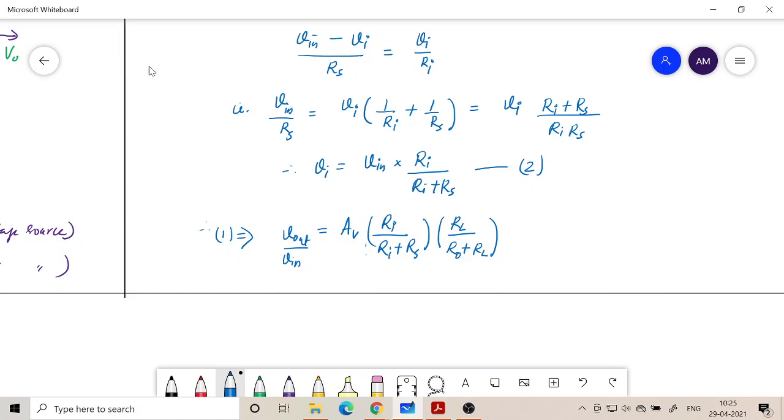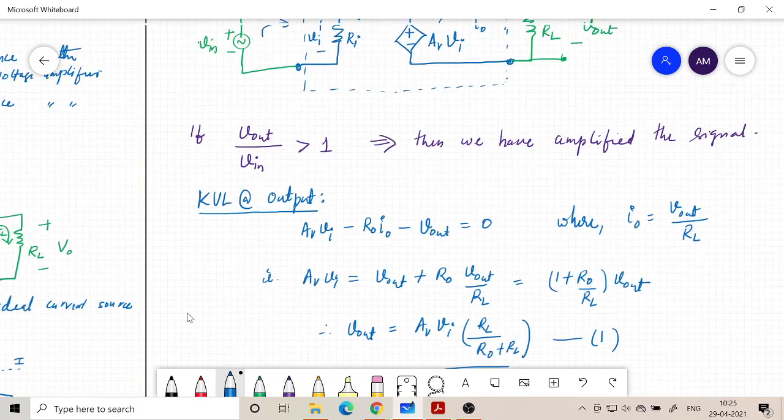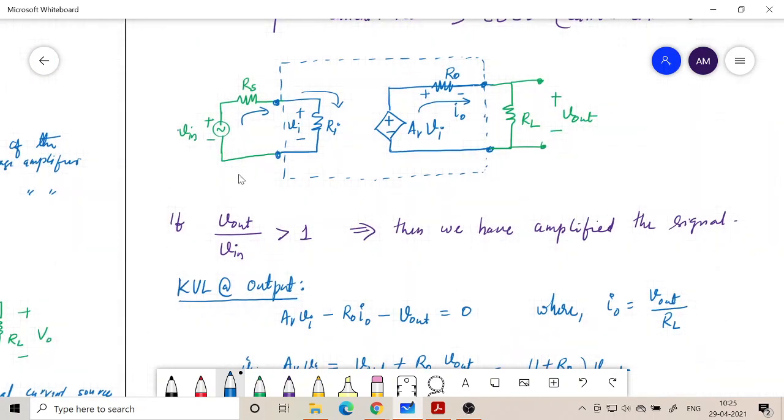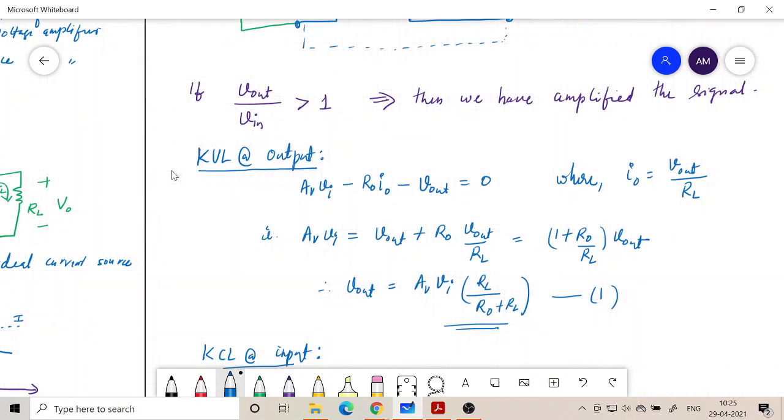So what I did, I took the model for a voltage amplifier, which I claimed to be a voltage amplifier, connected a practical source at the input and also a load resistance at the output, and calculated the output voltage that I obtained. Then I took a ratio with respect to the input source voltage V in, and that ratio I got as this.